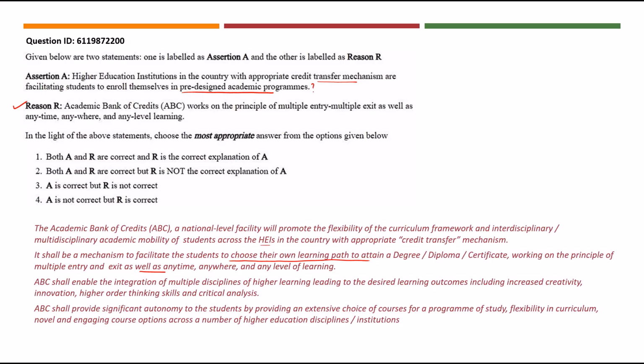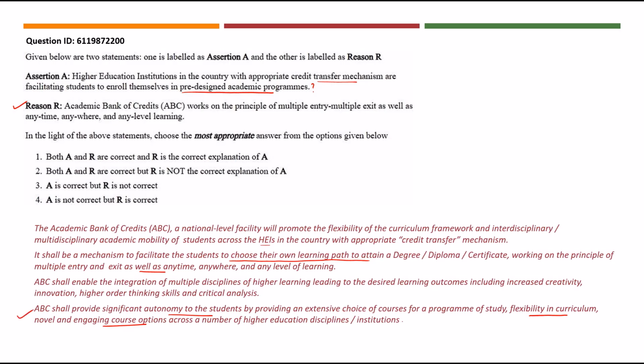ABC shall enable the integration of multiple disciplines of higher learning, leading to the desired learning outcomes including increased creativity, innovation, higher order thinking skills and critical analysis. ABC shall provide significant autonomy to the students by providing an extensive choice of courses for a program of study, flexibility in curriculum, novel and engaging course options across a number of higher education disciplines or institutions.